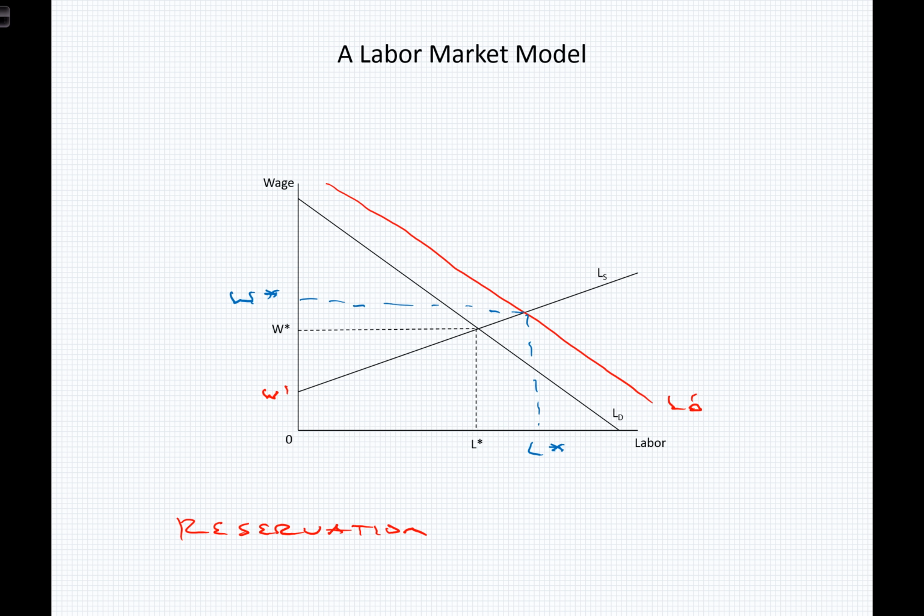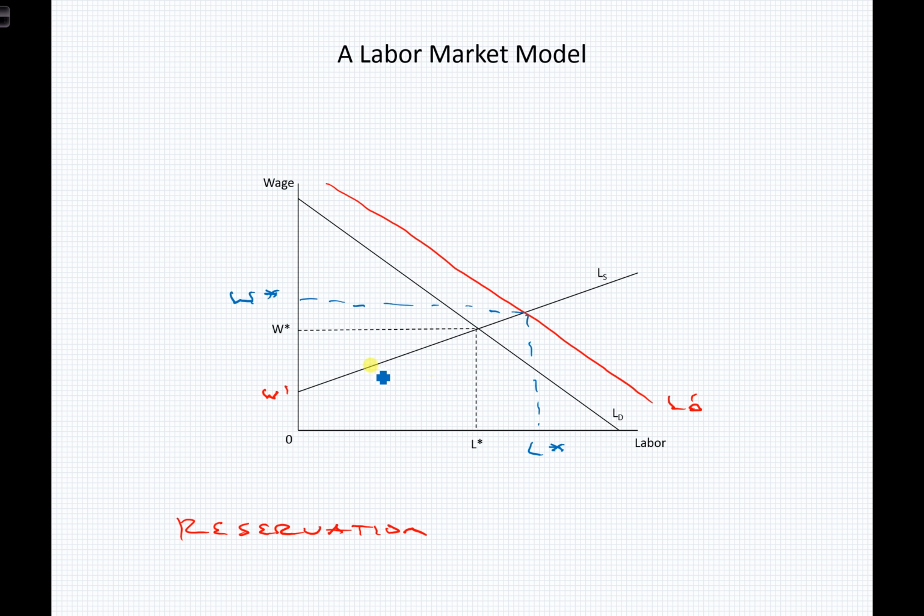Well, think about that similarly with labor supply. Let's assume for a moment that labor supply decreased. Labor supply decreasing wouldn't mean that the curve would shift downward. If we shifted it downward, that would actually be a movement along this line, out and to the right, which would actually increase the number of labor units.